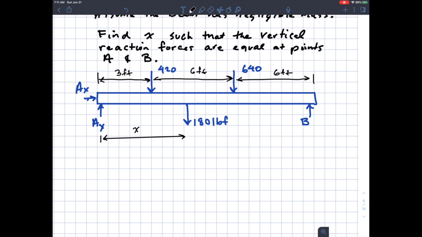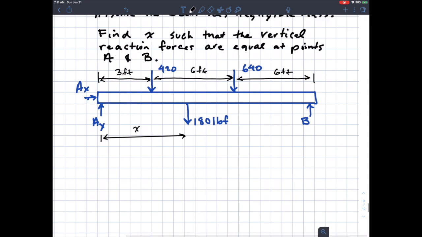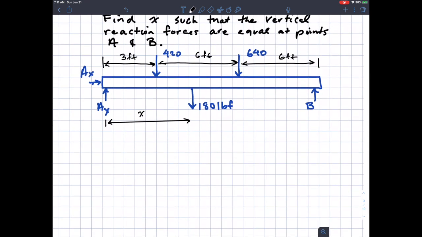My idea here is to write enough equations so that I'll be able to solve the system of equations. Generally, if I have 3 unknowns, I'm going to need 3 equations. So let's get started with that idea. First, sum of forces in the x direction equals 0.